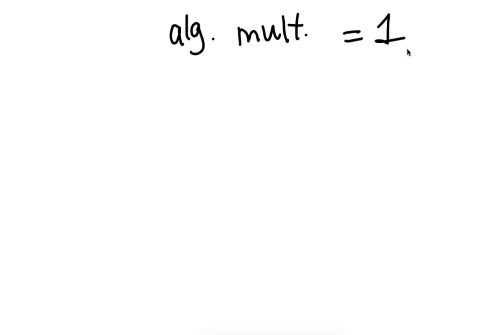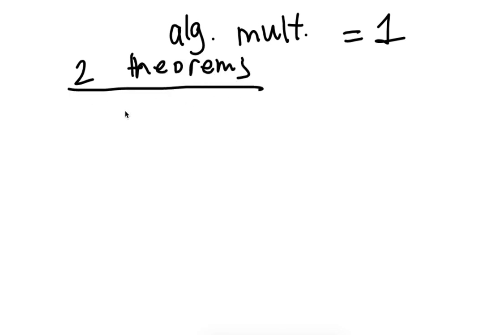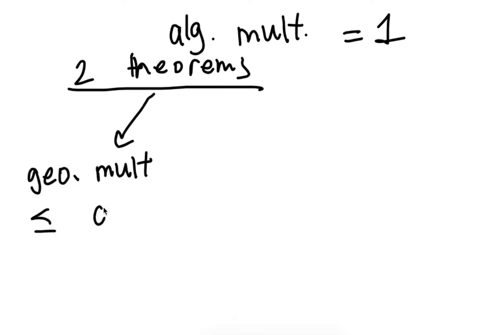The other point I want to quickly bring up, as I already mentioned before, is if you have an algebraic multiplicity equal to 1, we actually don't have to check the geometric multiplicity because we're combining 2 theorems here. The first theorem is saying that geometric multiplicity is always less than or equal to algebraic.